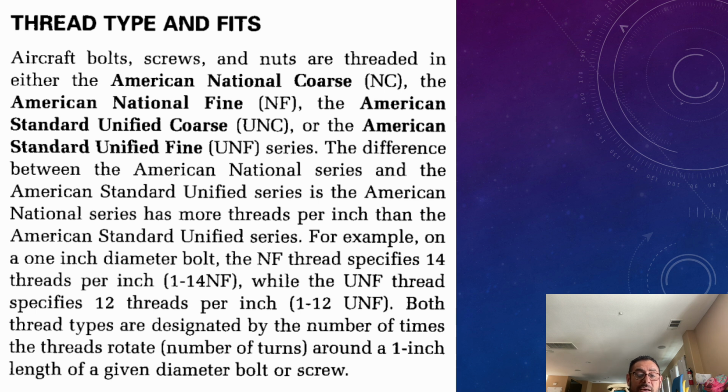For example, for a 1-inch diameter bolt, the NF thread specifies 14 threads per inch, hence it is 1-14 NF, while the UNF thread specifies 12 threads per inch, hence it is 1-12 UNF. Both thread types are designated by the number of times the thread rotates, the number of turns, around the 1-inch length of the given diameter bolt or screw.